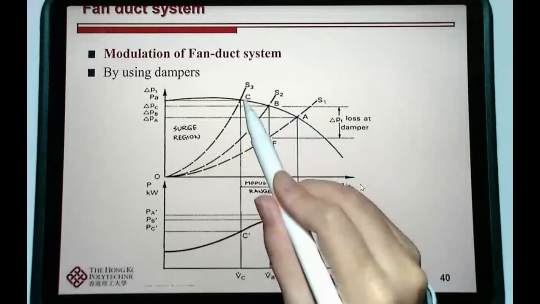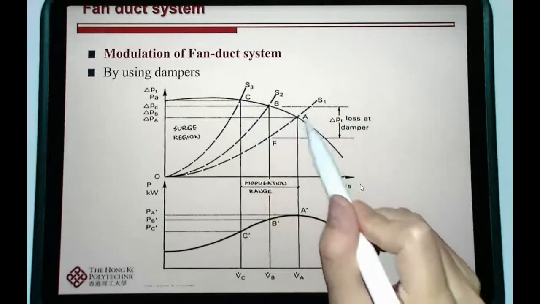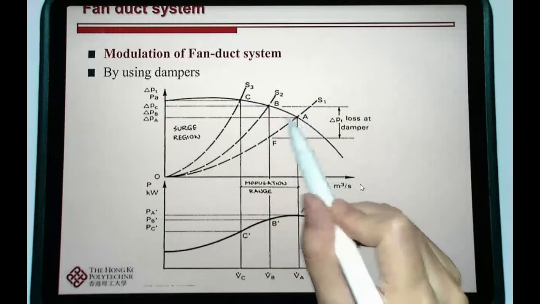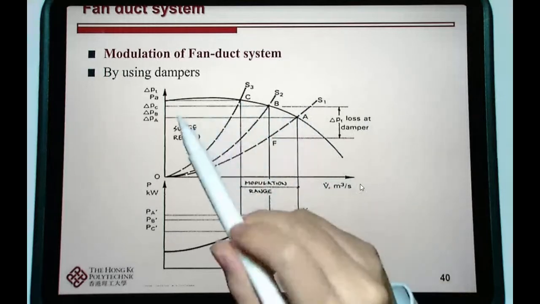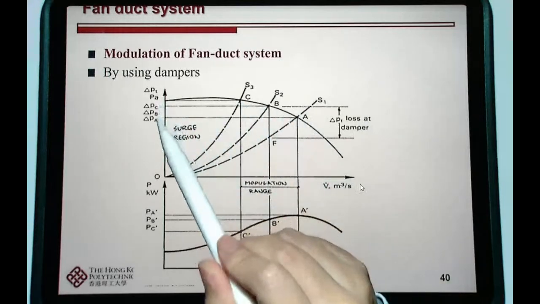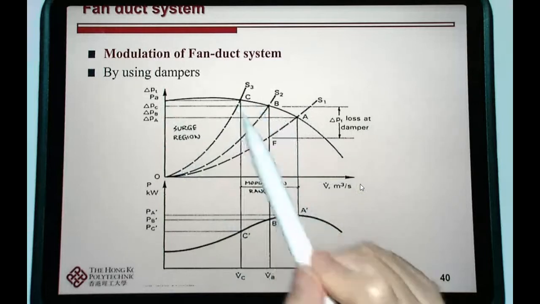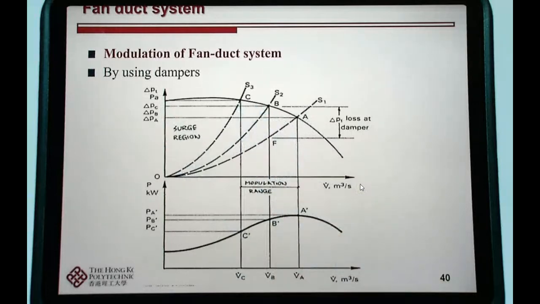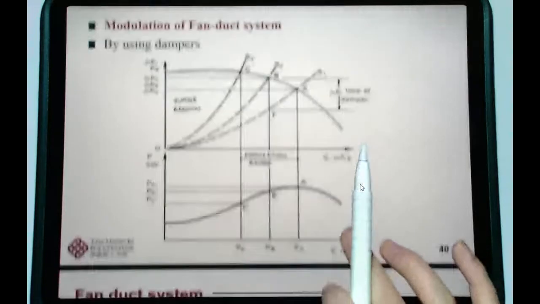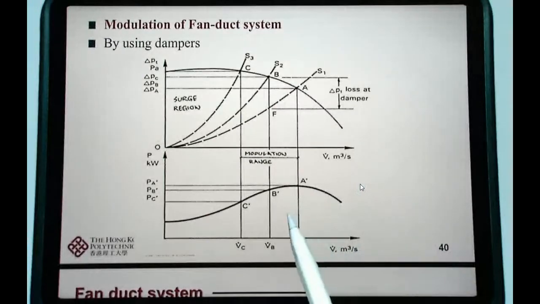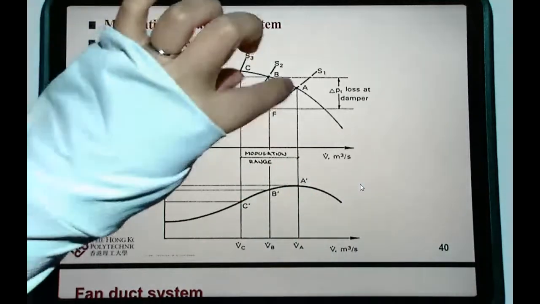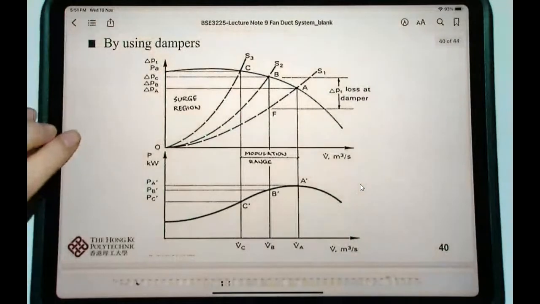From point A to point C, the flow rate will decrease and the pressure difference will increase. This is how the modulation range looks: point A to point C.